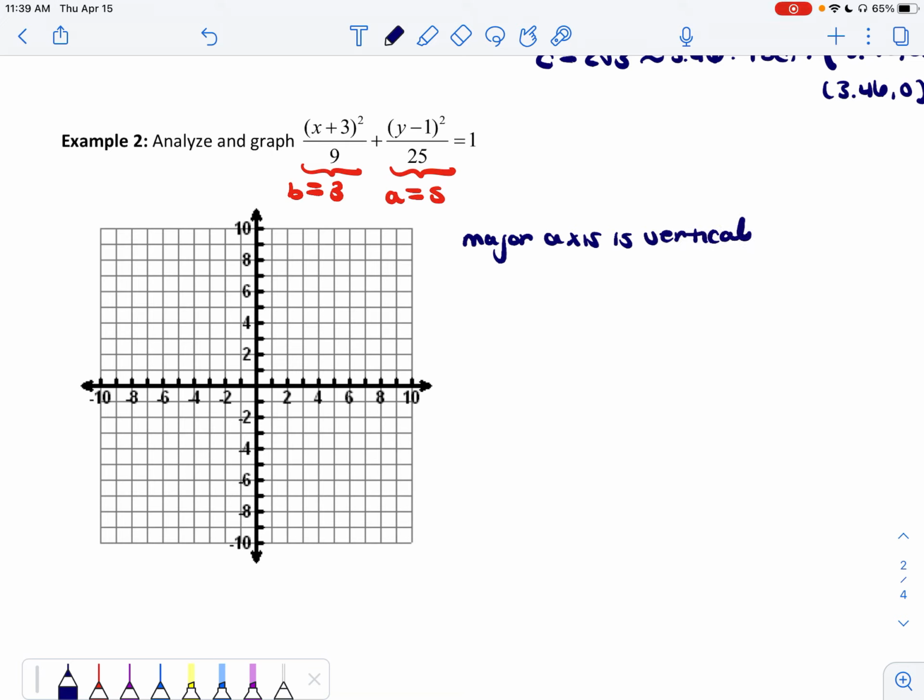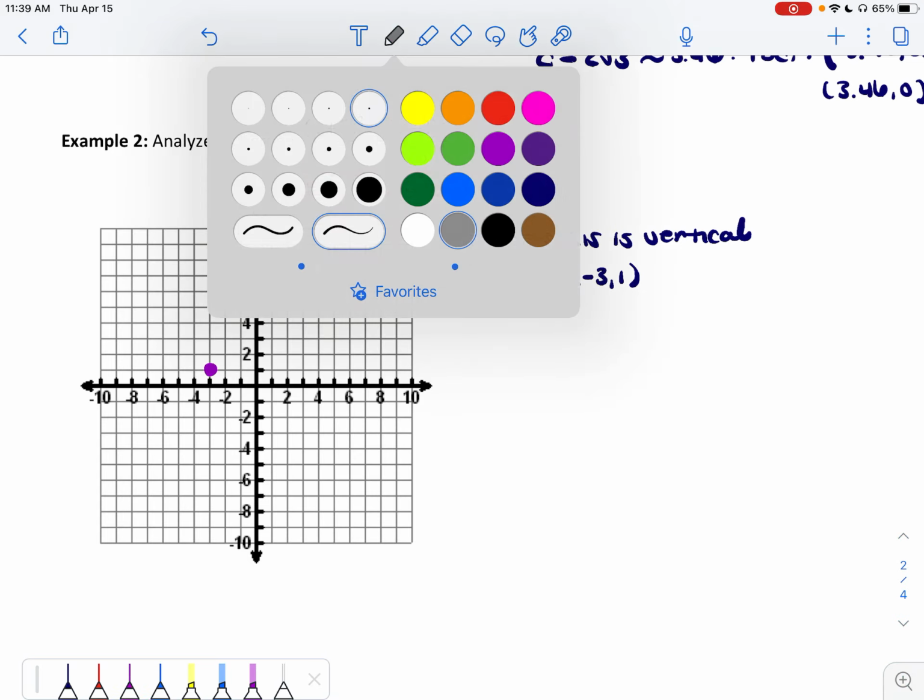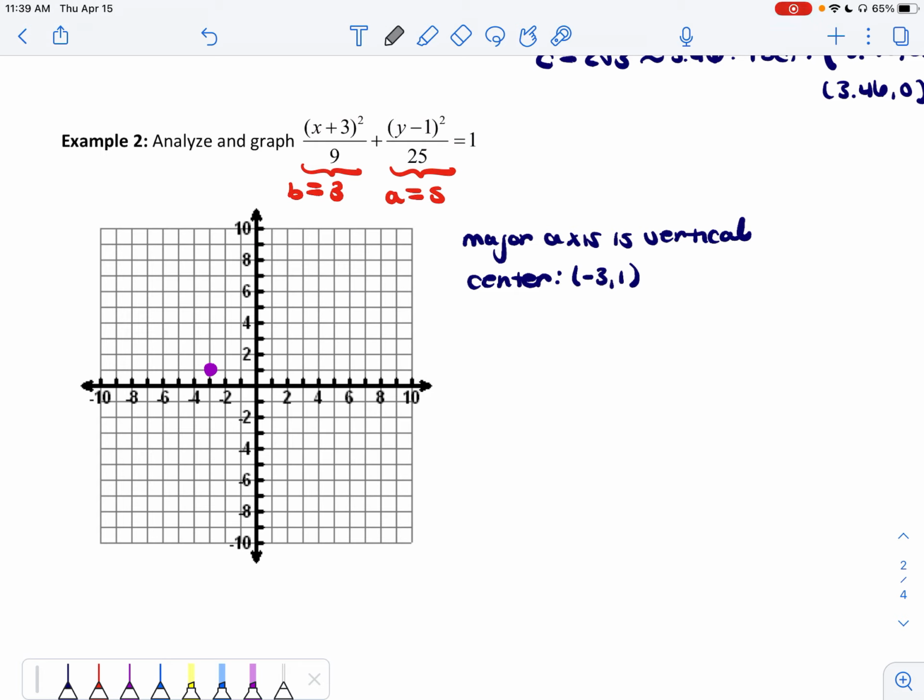All right, the center comes from the h and k. So our h and k, and as usual, take the opposite of the factors. So the center is going to be at -3, +1. So -3, +1 is our center. And let me just go ahead and sketch in my axes here.